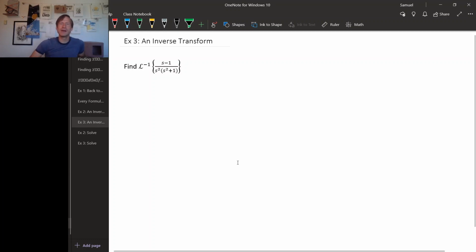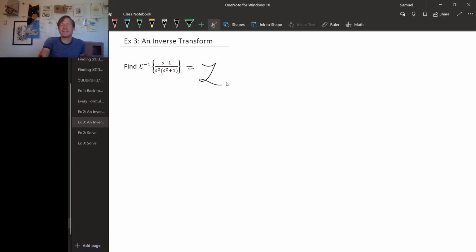So how about this one? This example is more complicated just because the denominator has more stuff in it. We know that one thing you can do with a rational function is write it in terms of its partial fractions decomposition. There's an s squared term in our denominator here, so that means we need terms in our partial fractions decomposition that have s and s squared.